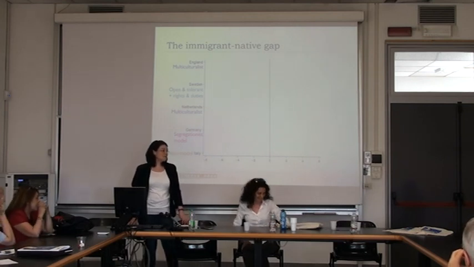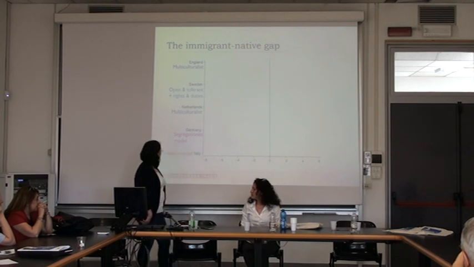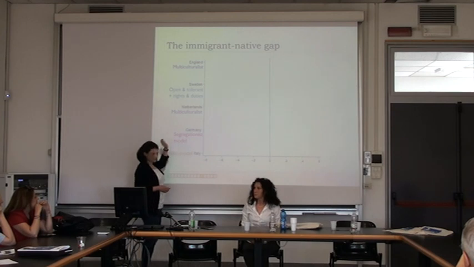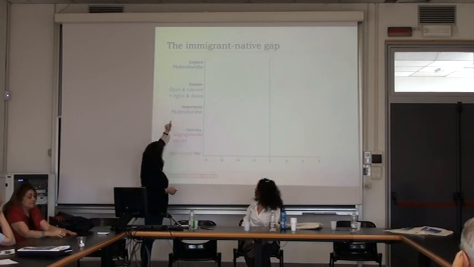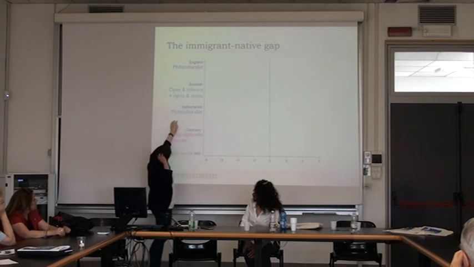Maybe it would be easier. I will try to have access to Belgium data and Luxembourg data, but actually as models of incorporation, they are also represented here. So Belgium, if I'm not mistaken, should be something between a multiculturalist and an open and tolerant type of model of incorporation. I think in the literature it is closer to the multiculturalist.